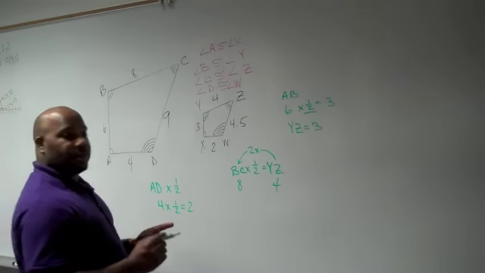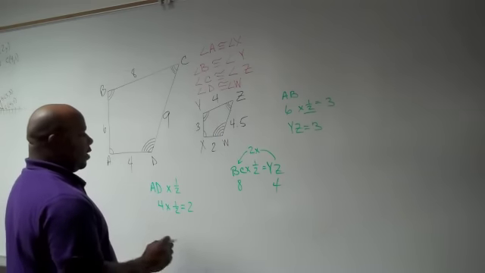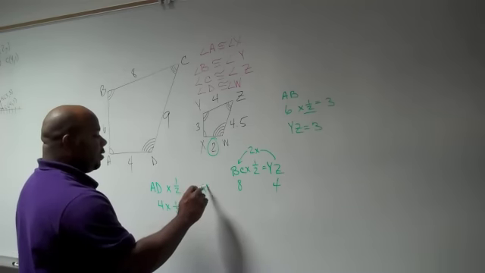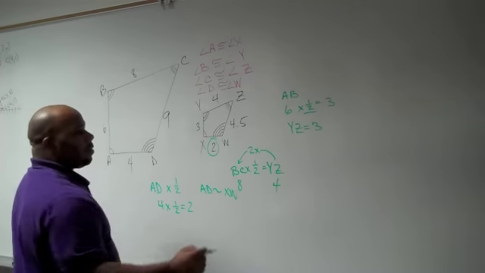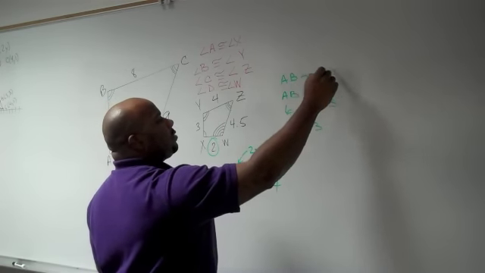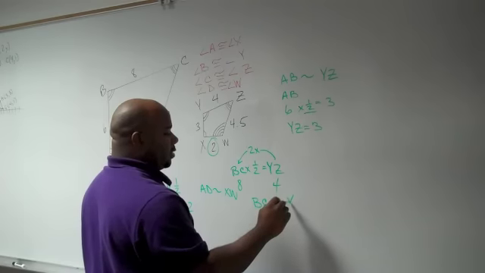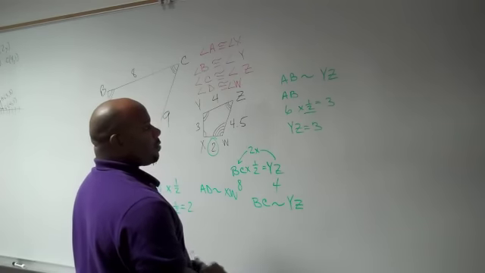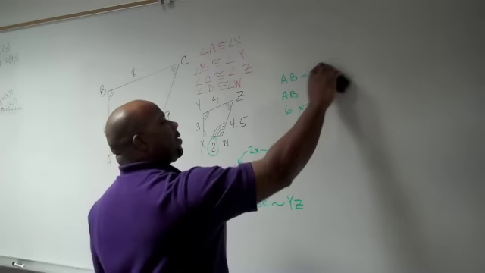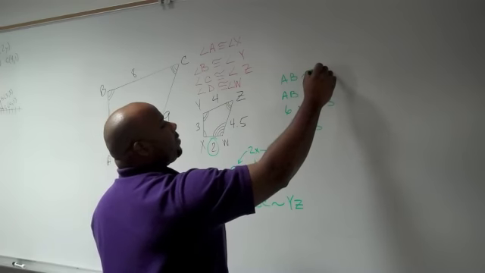Now, if XW is also 2, then we know side AD is similar to side XW. And XW, from what we can see right there, is 2. So AD is similar to XW. And then, as we had before, BC is similar to YZ. Excuse me, I made a mistake. See, we all make mistakes. AB is similar to XY.